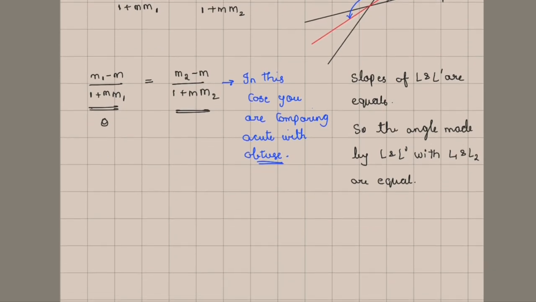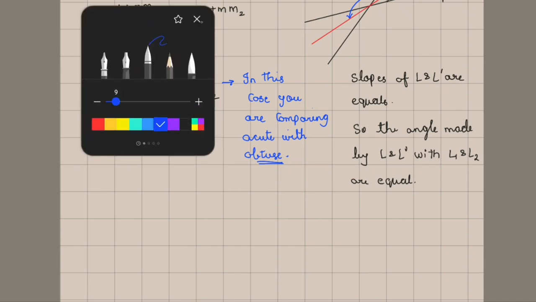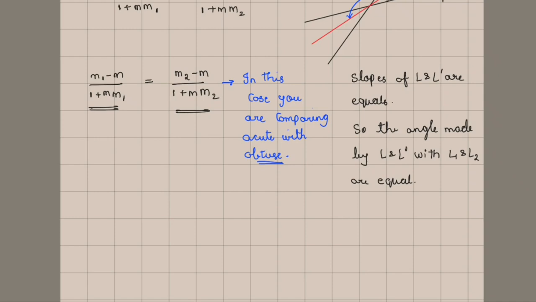Let's see what we get if we solve this. I will do it in the blue color. Now if you solve this, m1 minus m into 1 plus m1 m2 equals m2 minus m into 1 plus m into m1. This gives m1 minus m1 m2 m minus m plus m1 m2 m minus m square m2, which gives m2 minus m1 plus m1 m2 m minus m square m1.